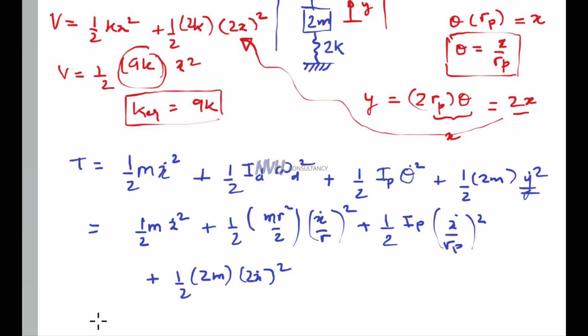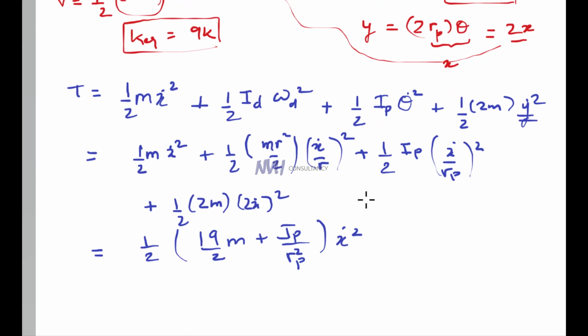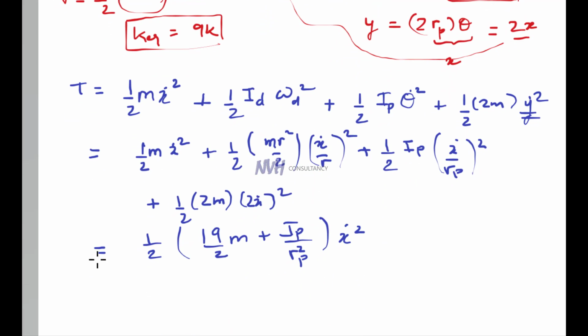And so this whole thing can be simplified as equal to half times (19/2 m plus Ip over rp square) times x dot square. So finally you can say that this is T, which is the kinetic energy, and the m eq is this portion over here.